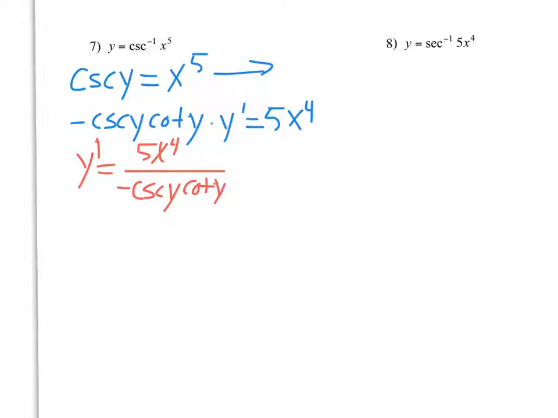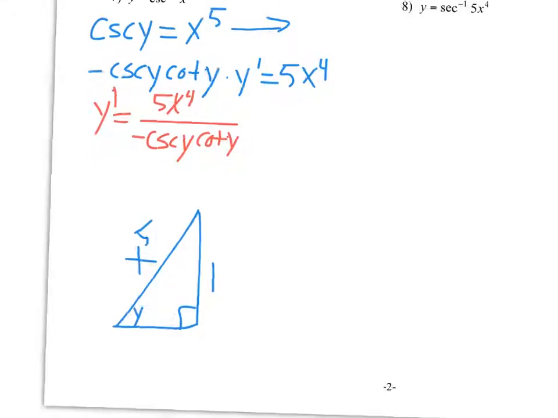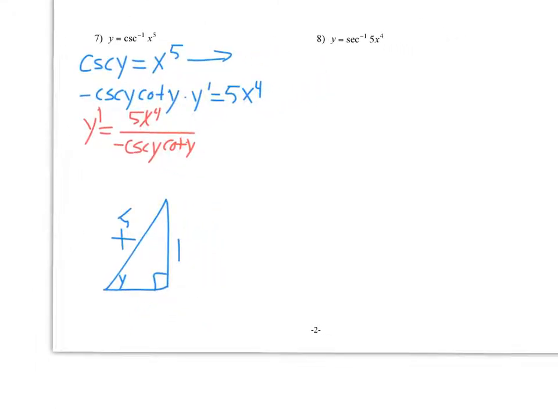I made not much room over there, so I'll do this down below. Cosecant is the reciprocal of sine, so it's going to be hypotenuse over opposite. That means we're going to have x to the fifth over 1. And it means that our adjacent side is going to be the square root of x to the fifth squared minus 1 squared.